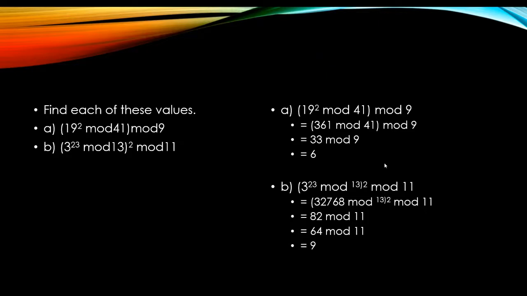And for letter B, we have 3 raised to 23 mod 13, then raised to 2 mod 11. So evaluate first the 3 raised to 23, then apply mod 13. The result is 8.